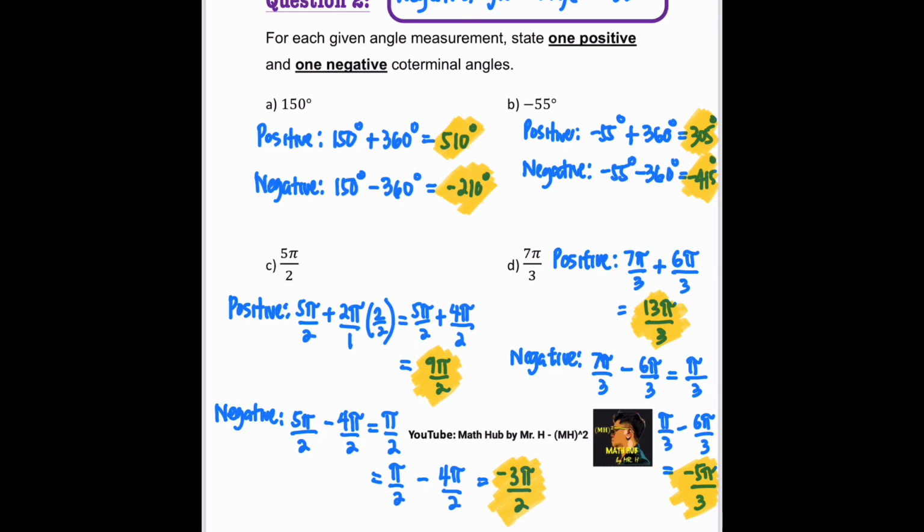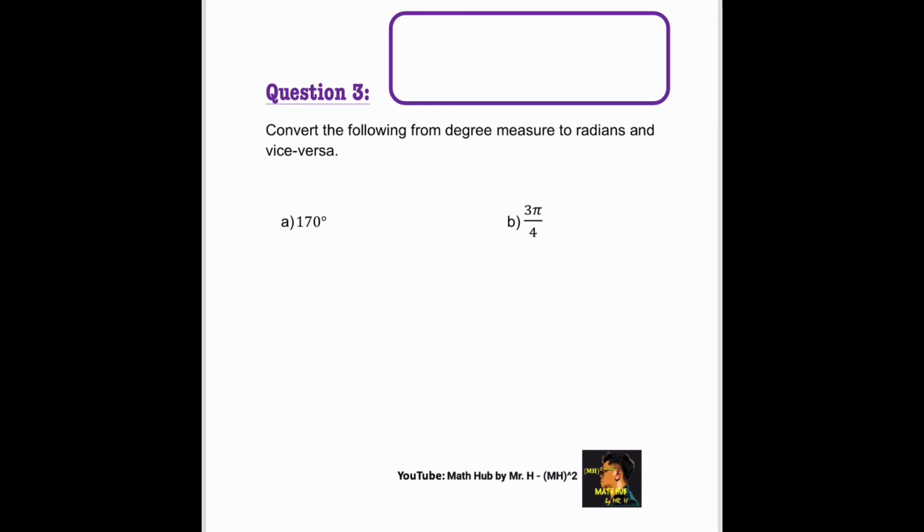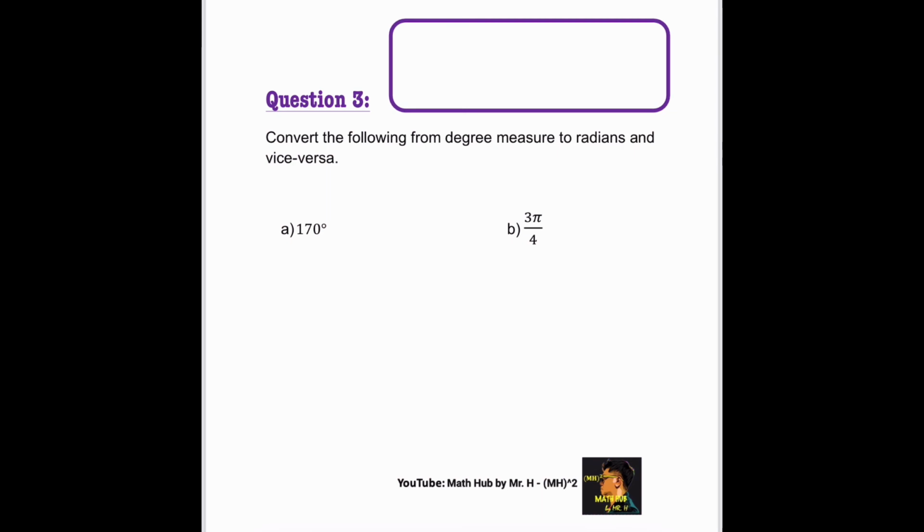All right, so let's take a look at the last part. How do we convert degree measure to radians? Let me write down a little note here. If you want to convert from degrees to radians, we need to take the given angle times pi over 180 degrees.